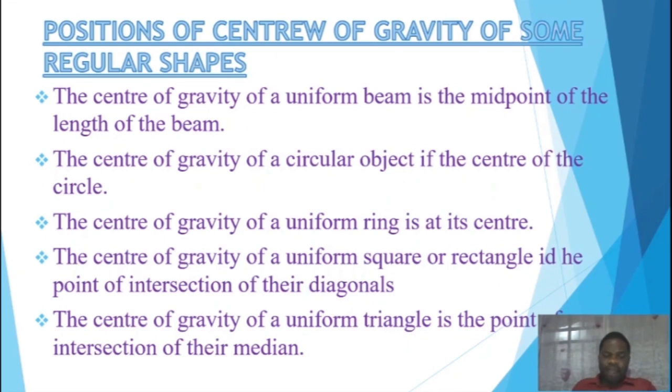Then number five, the center of gravity of a uniform triangle is the point of intersection of their medians. So this is the position of center of gravity of some uniform shapes. So whenever you see a uniform shape, you don't need anybody to tell you the position of the center of gravity, because it has already been stated here.